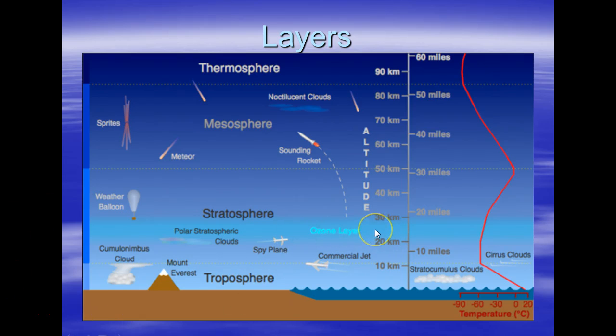Speaking about ozone, this is probably a good time to mention that the ozone layer is necessary for life. But there is good ozone and there is bad ozone. So ozone can be broken up into ground level ozone and ozone that's up in our atmosphere. Ground level ozone is bad ozone.